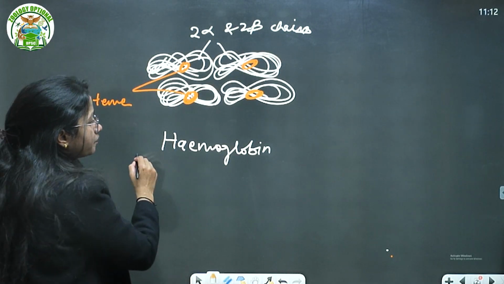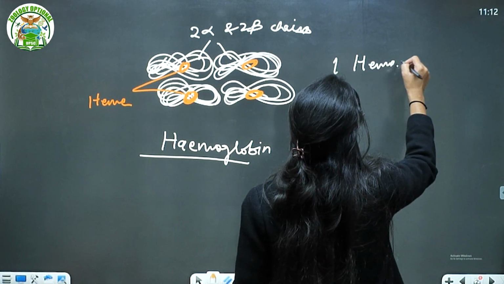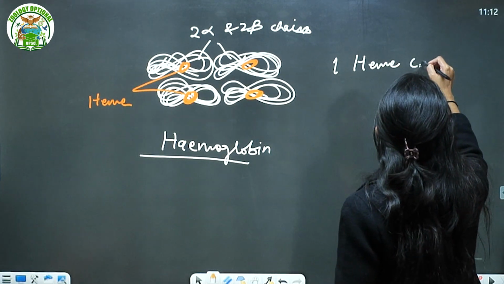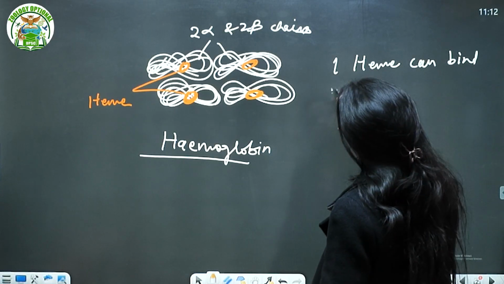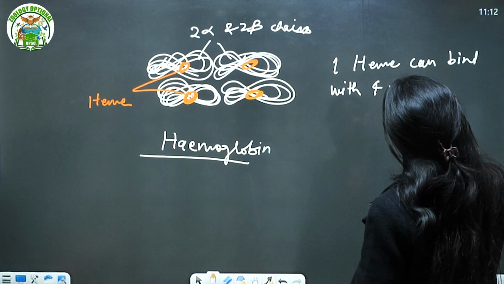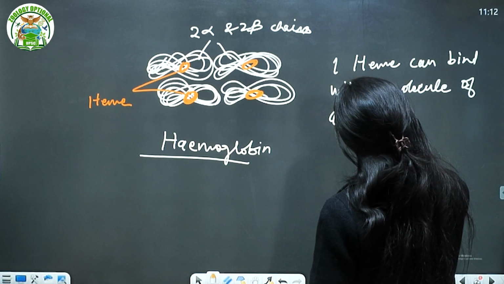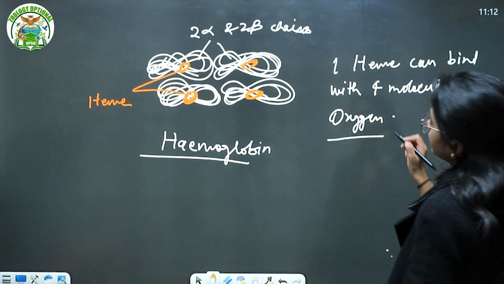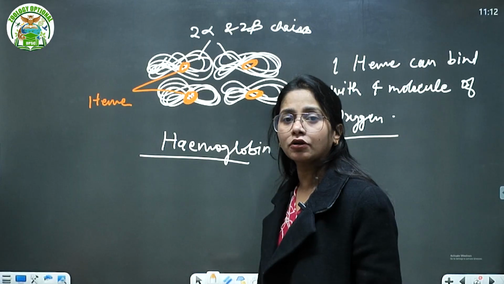One heme can bind with a molecule of oxygen.